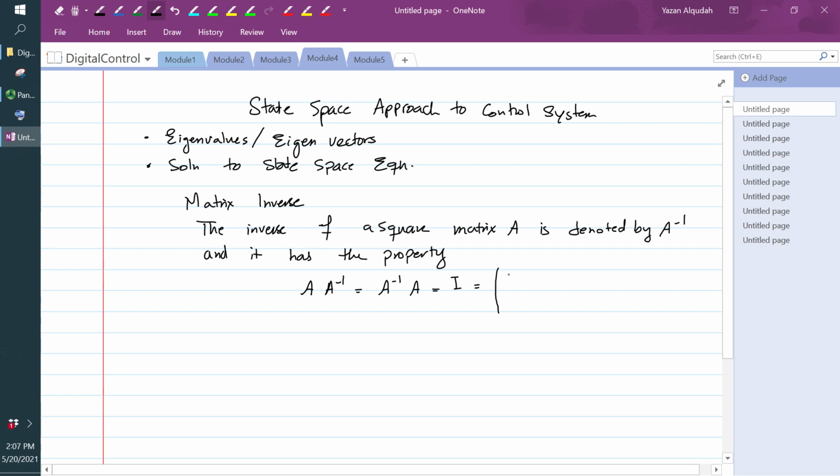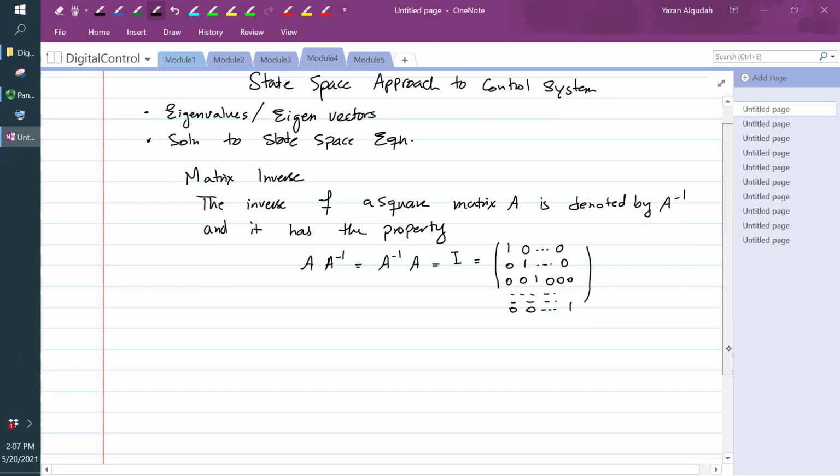So therefore, I'm going to get a matrix that looks something like this: 1, 0, the diagonal elements are 1, and all other elements are 0. The identity matrix. All the way 0, 0, all the way, and the last entry is going to be equal to 1.